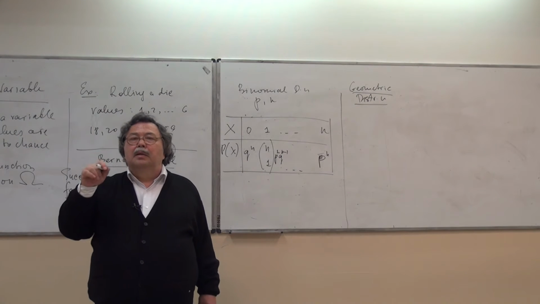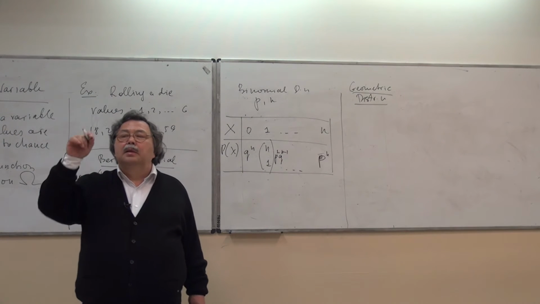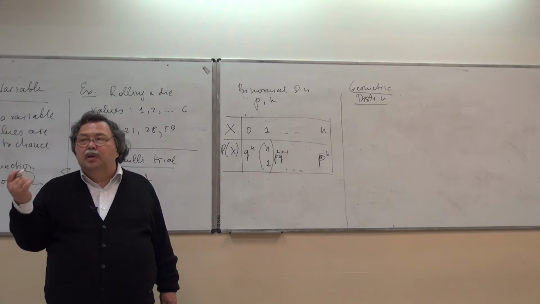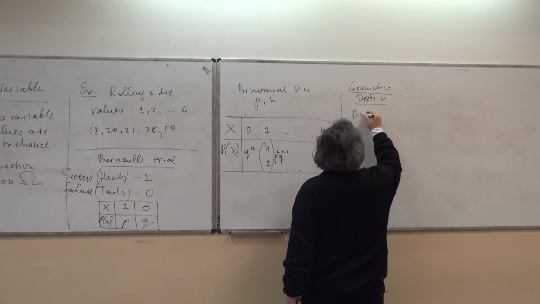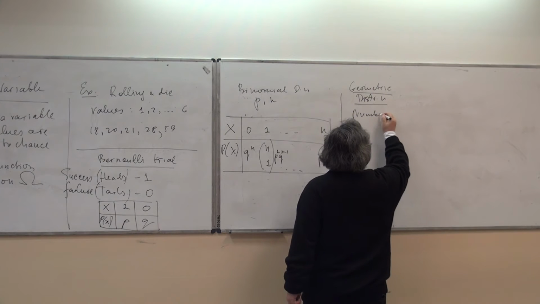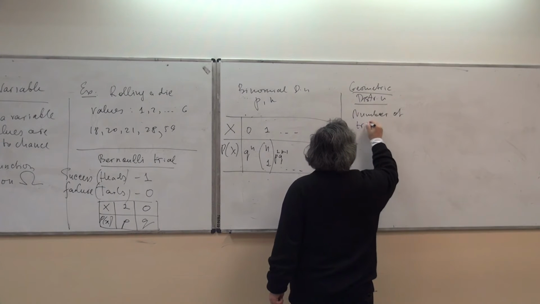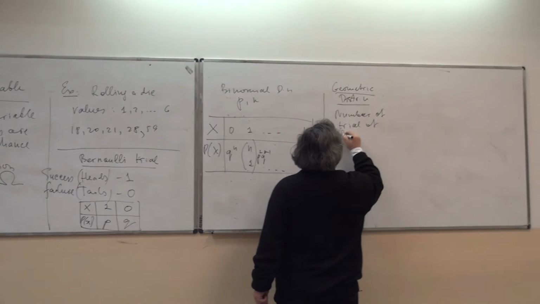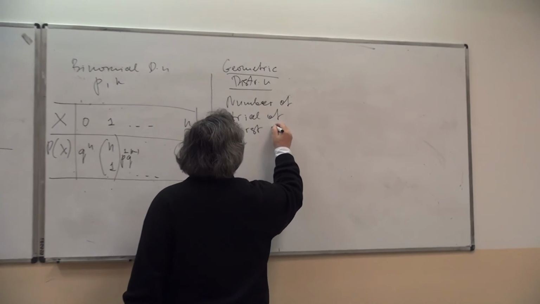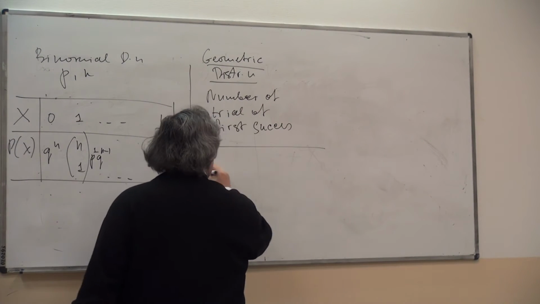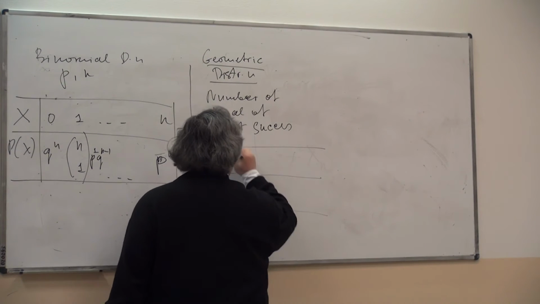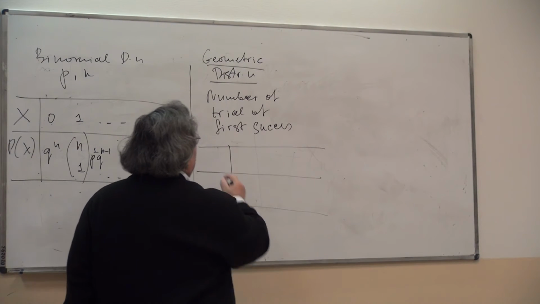And the random variable is defined as the number of the trial on which the first success occurs, the number of the trial of the first success. Okay. And this is called the geometric distribution.